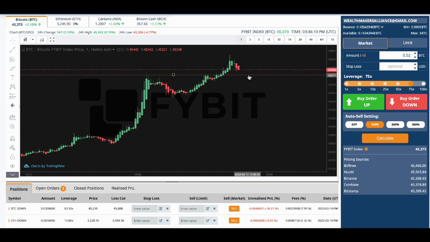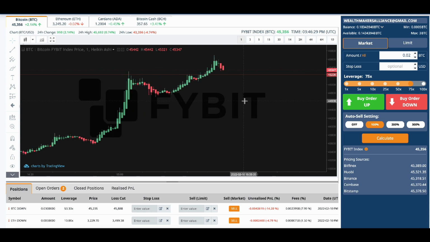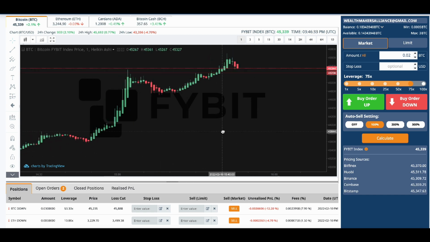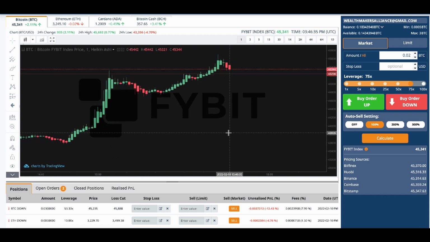I have brought my entry price all the way to the current price. If the market now reverses and goes down, I would be taking huge profit and walking away. Isn't that awesome? Can you see how powerful this strategy is? That is the reason why we don't worry if the market is going against us.